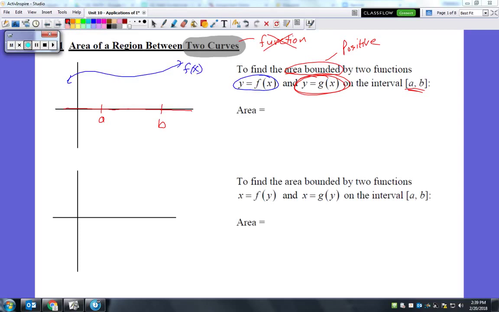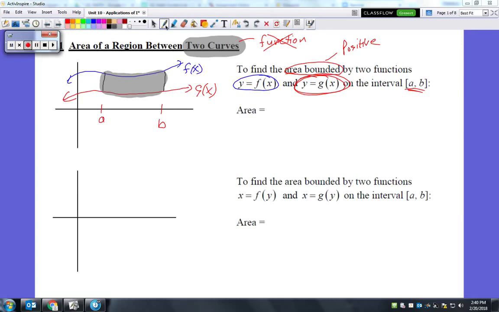So you've been taking that for granted, but now you could have a function way up here, where it could be g of x. And if we're looking for the area between a and b, all we're looking for is the area bounded in between these two functions, that correlates with the integral from a to b of f of x minus g of x.